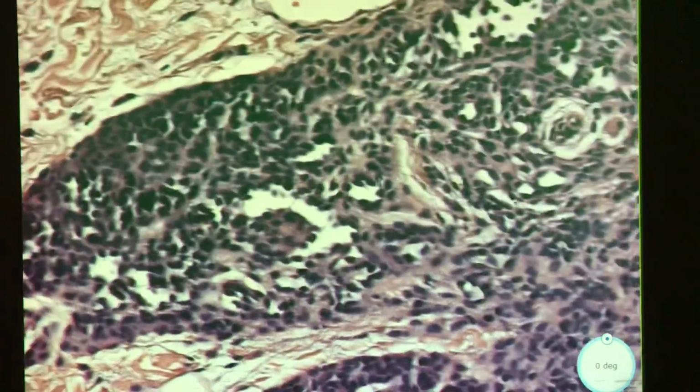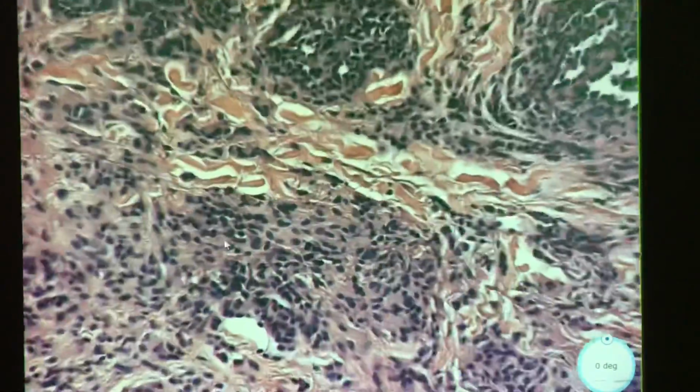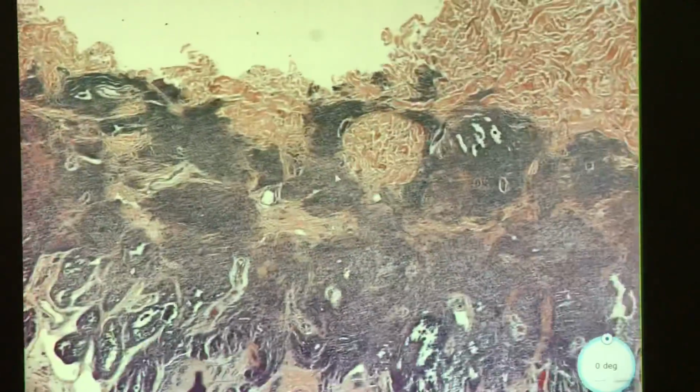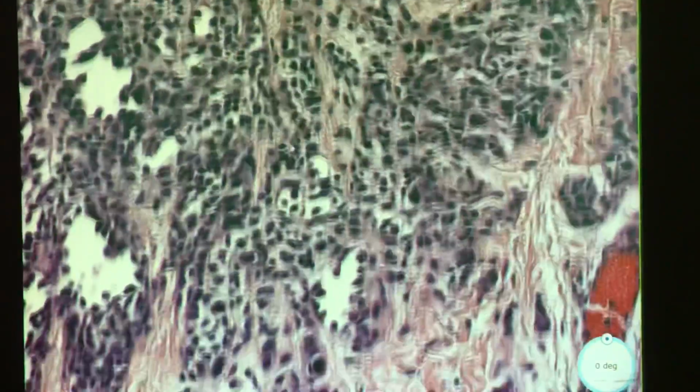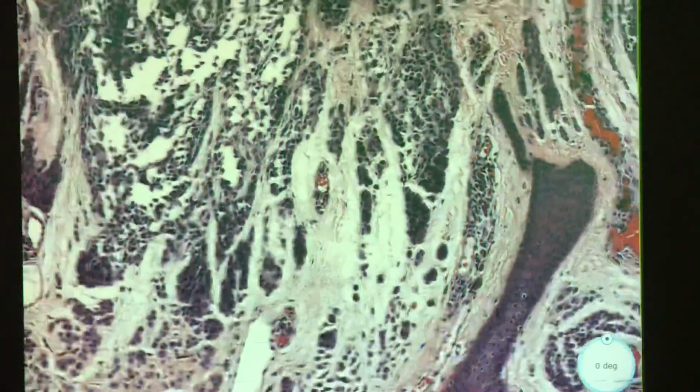And they're found mostly in the dermis, and the orientation is kind of weird, but they look like they're getting smaller as you go deeper.